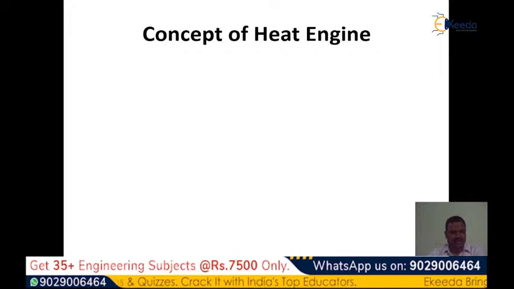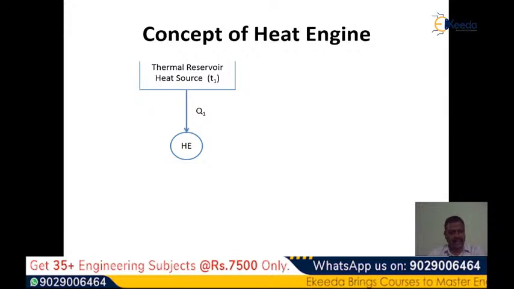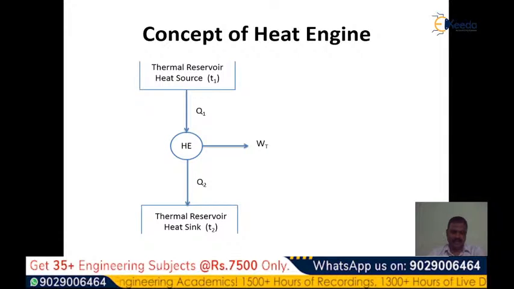And in general, this heat engine can be understood in this way: a heat engine will always receive Q1 amount of heat from a heat source, and it will convert some amount of this heat into work, and reject the remaining amount of heat to a heat sink.